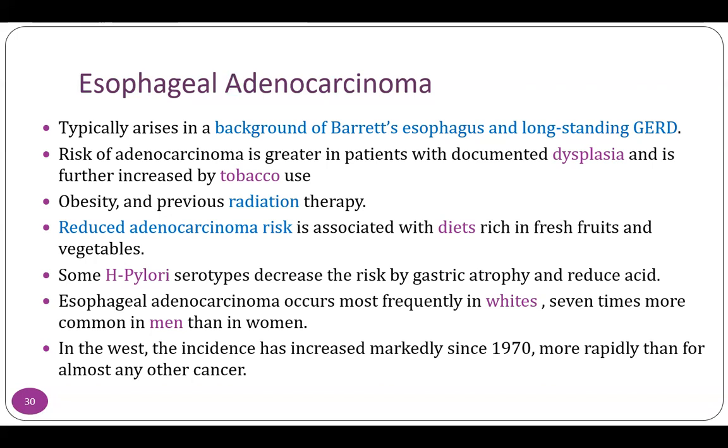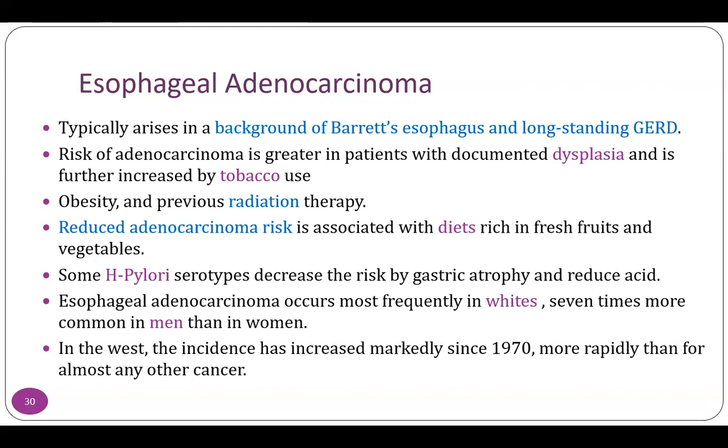Nowadays they also talk about H. pylori reducing the risk of adenocarcinoma in the esophagus. If you get infected with H. pylori, you reduce the risk of adenocarcinoma in the esophagus.